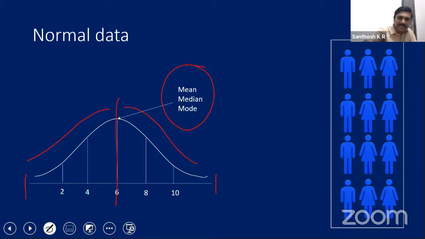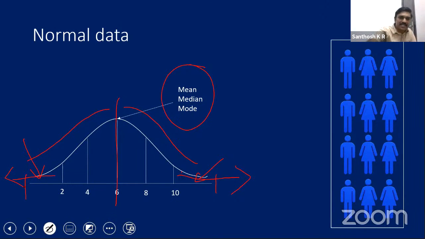This space at the two ends we call asymptotic. Why asymptotic? Because we think that the sample is incomplete. We haven't received all the sample. People are still there, so there has to be a space which shows that there may again be extremes which we haven't got in the sample.